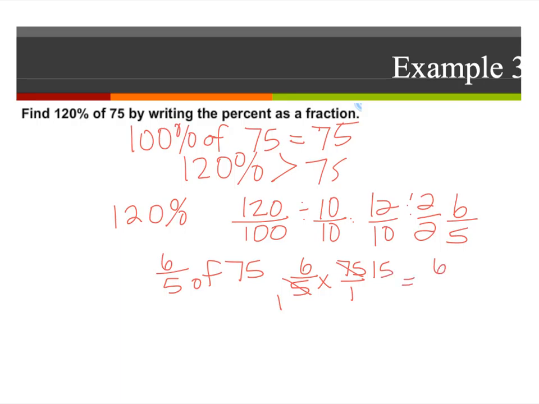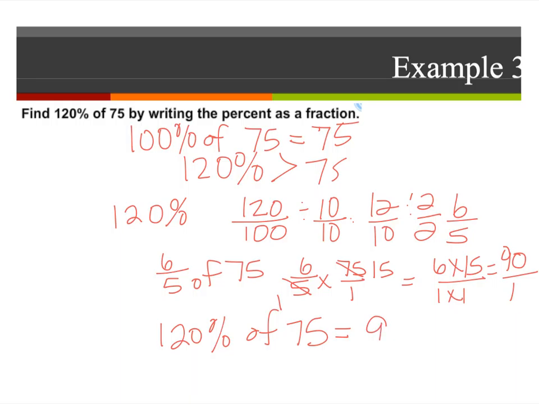So we get 6 times 15 on the top and 1 times 1 on the bottom. 6 times 15 is 90. 1 on the bottom, so we can say 120% of 75 equals 90. Notice that it's bigger than 75.